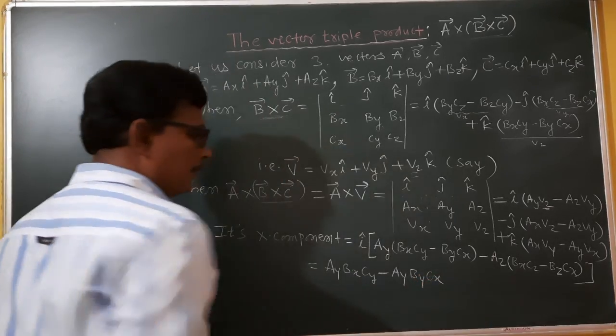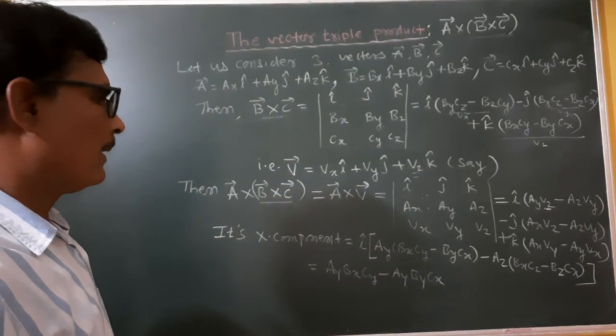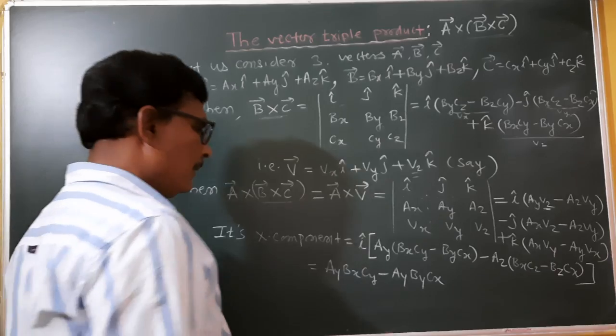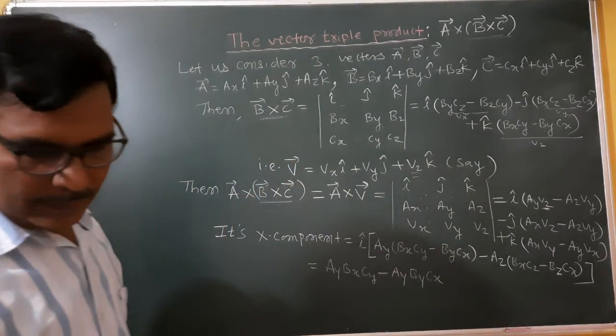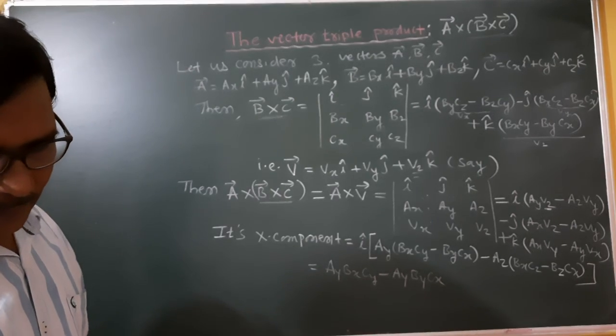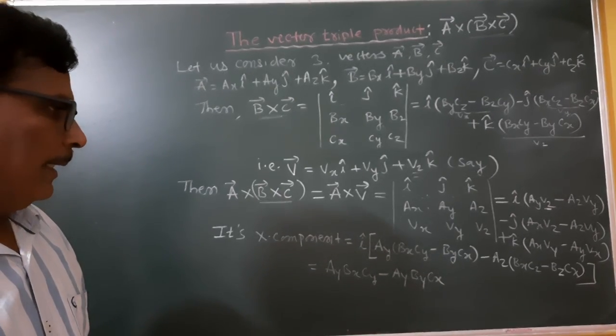First term and second term we have to write here. Ay Bx Cy minus Ay By Cx.